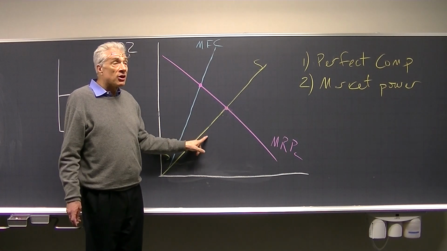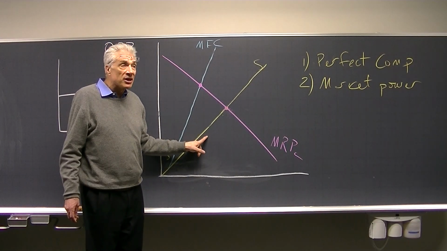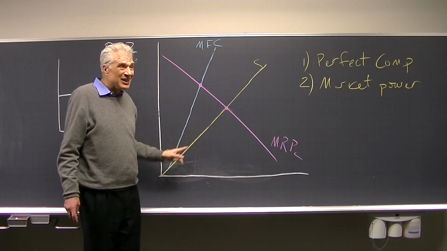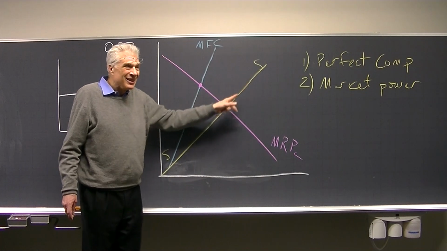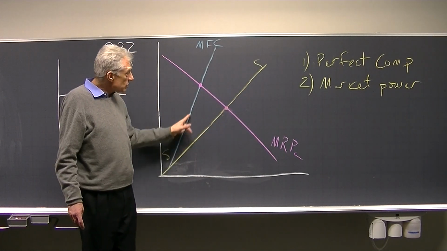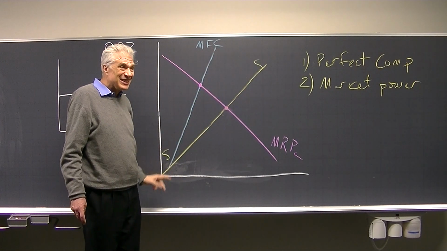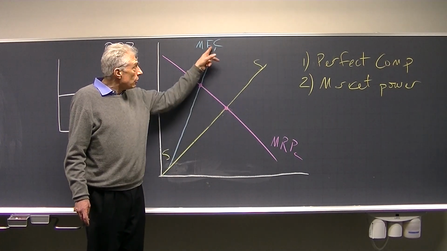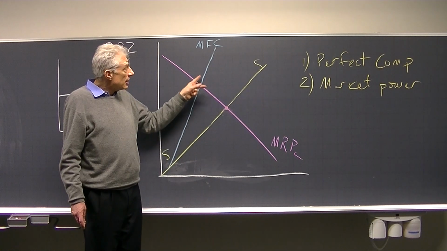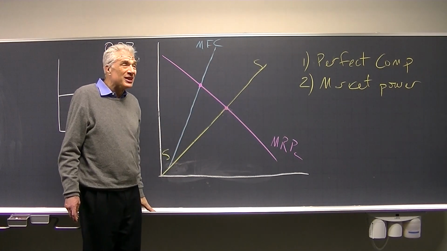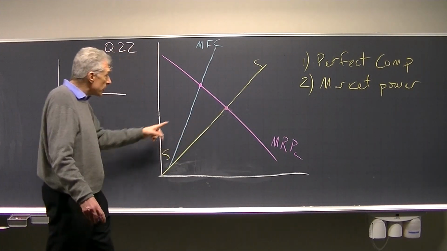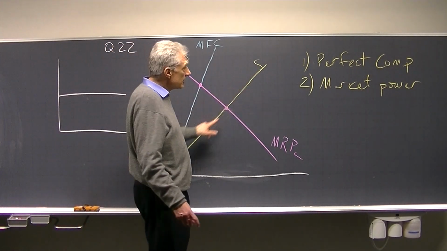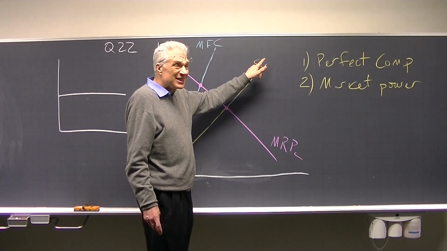For the firms that do not have market power, this represents their marginal cost curve in that factor. But for the firm with market power, this represents their marginal cost curve, because they can control their costs with their output. Firms can't control the cost of their output. So for the firms with no market power, this is their marginal cost curve.